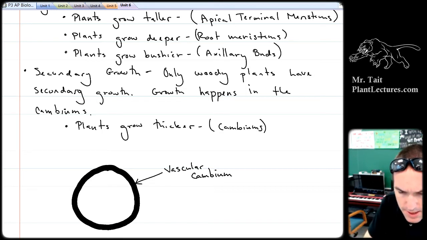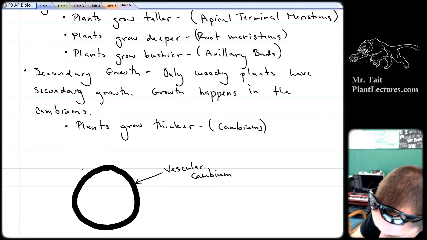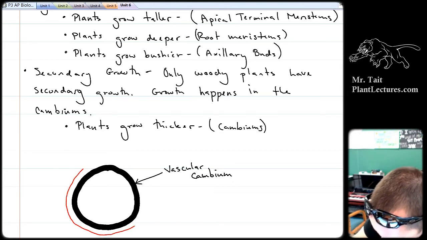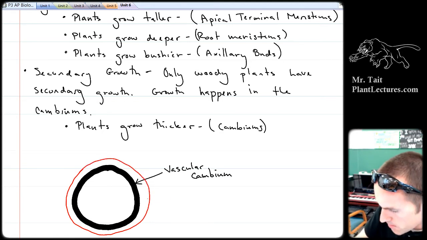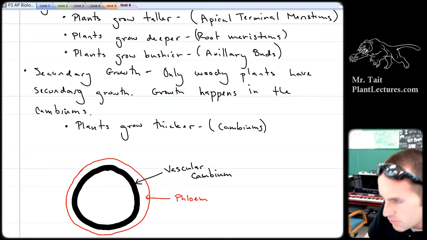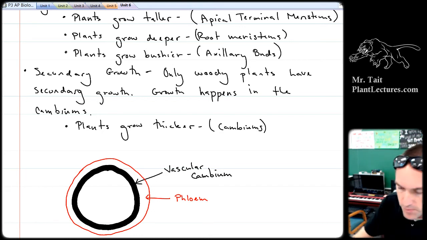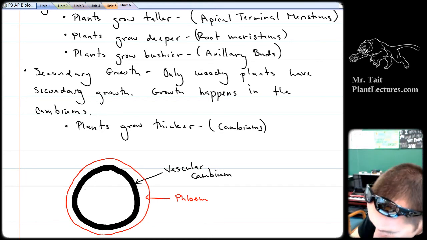Okay, so we can say that out here, we've got phloem, and phloem grows really slowly, and it remains active, right? The cells are alive and they're active. Okay, on the inside, you've got xylem.